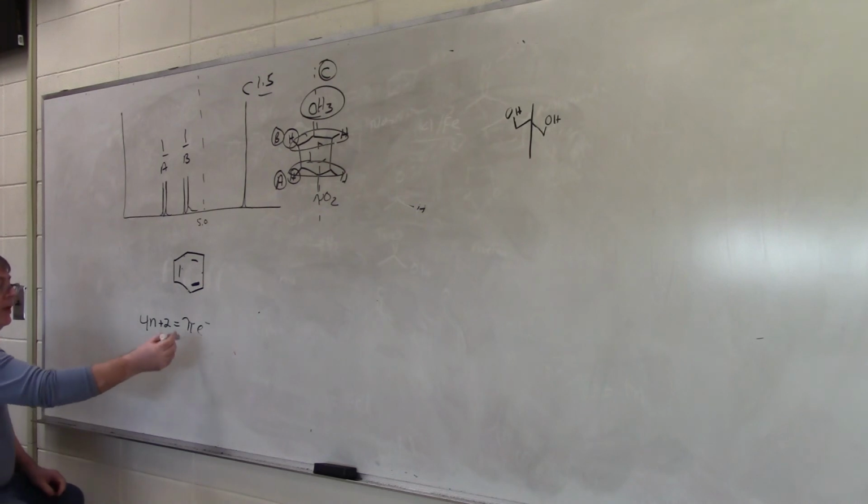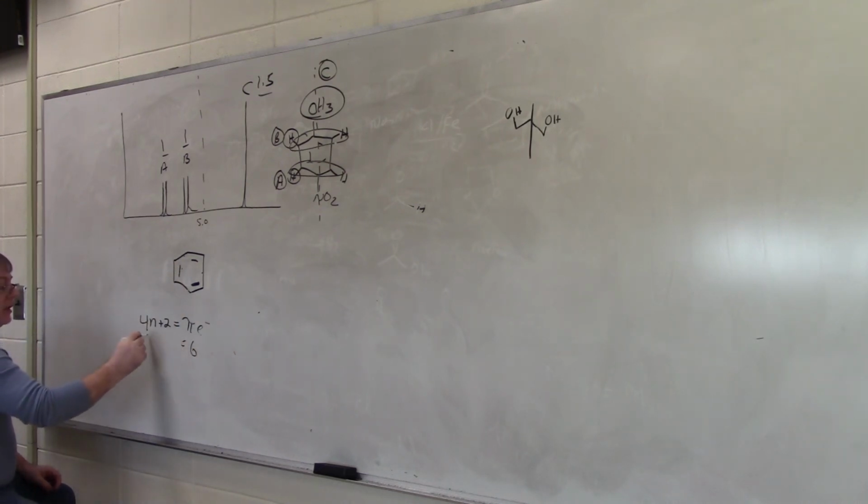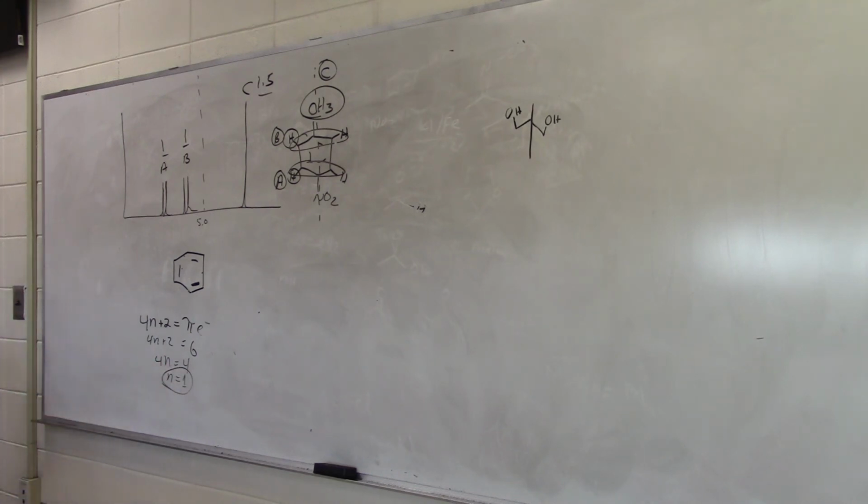So you put the number of pi electrons in, and for benzene, it is 6. So 6 is equal to 4n plus 2. So 4n is equal to 4, so n is equal to 1. Hückel's rule says that n must be a whole number, including 0. So benzene is planar, it is cyclic, it is conjugated, and it satisfies Hückel's rule. It is an aromatic ring.